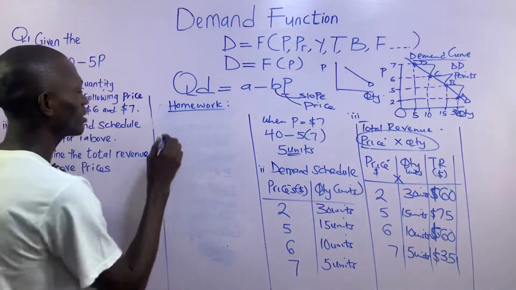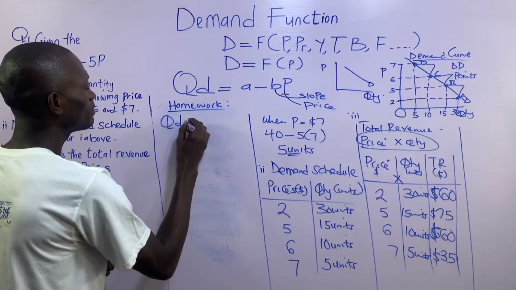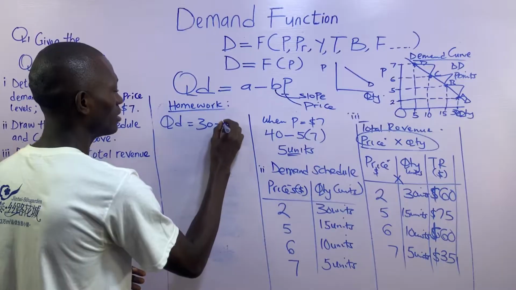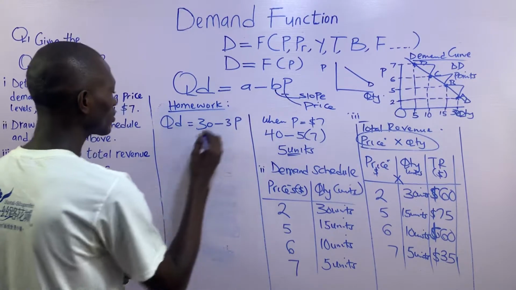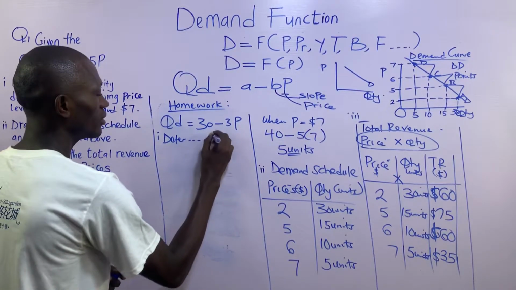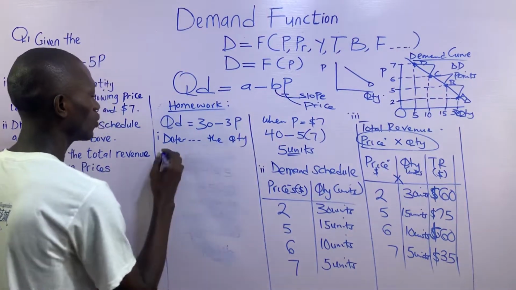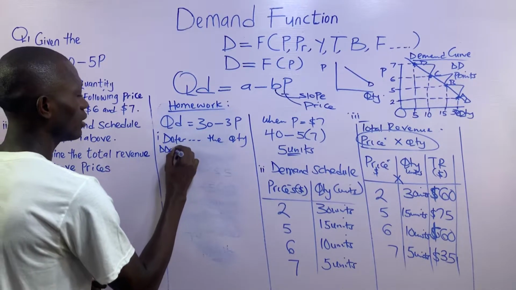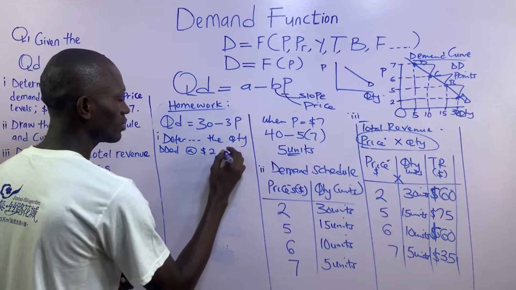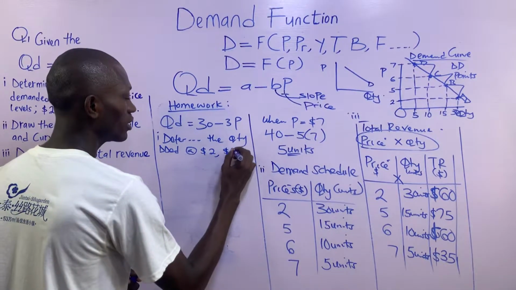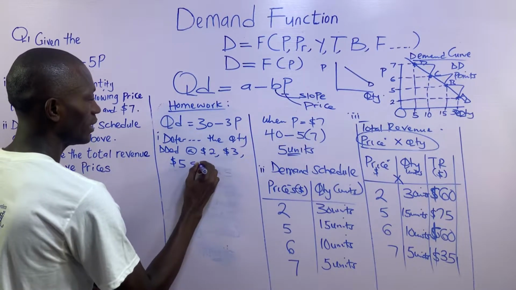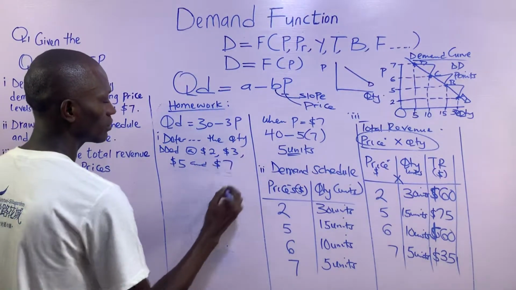So the demand function of this consumer is given as 30 minus 3p. So Roman figure 1, determine the quantity demanded at prices $2, $3, $5, and $7.